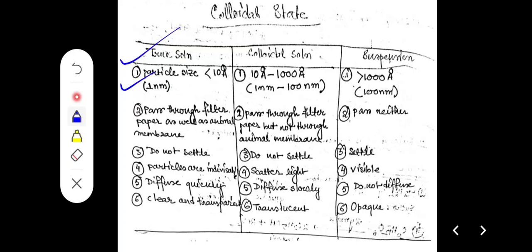Colloidal solution has a particle size range of 10 angstrom to 1000 angstrom, or 1 nanometer to 100 nanometer. It's very important: if we call it a colloidal solution, the particle size range will be 1 nanometer to 100 nanometer. Suspension means particle size greater than 1000 angstrom, that is, 100 nanometer or greater.